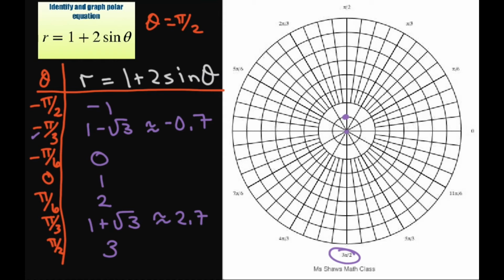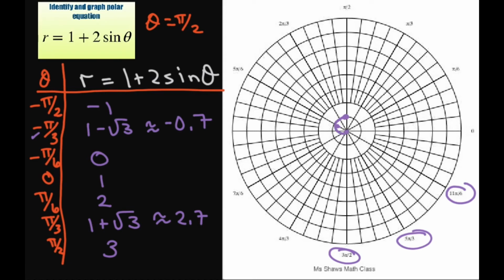At negative pi divided by 3, which is this one, we're at negative almost 1. So it's a little closer in here. At negative pi divided by 6, we're at 0. So we're starting here, and going this way.